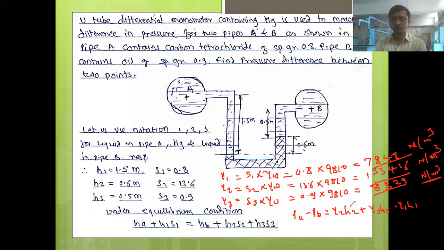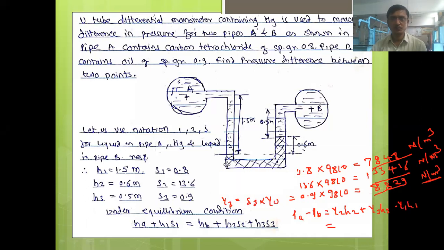Gamma 2 is 133,416 into H2, which is 0.6, plus gamma 3, which is 8829 into H3, which is 0.5, minus gamma 1, 7848 into H1, 1.5. You will get 72,692.